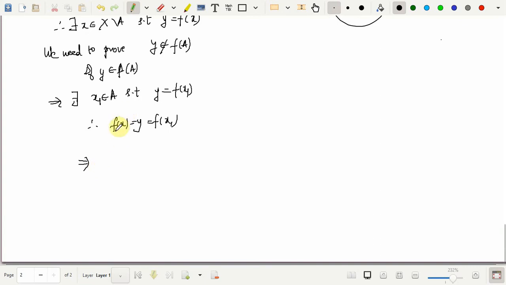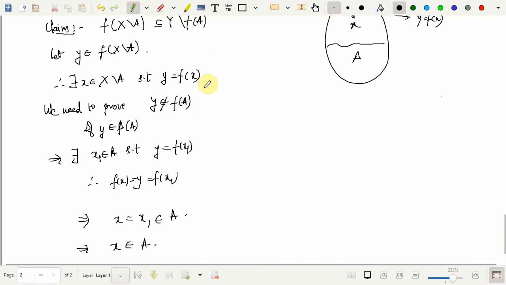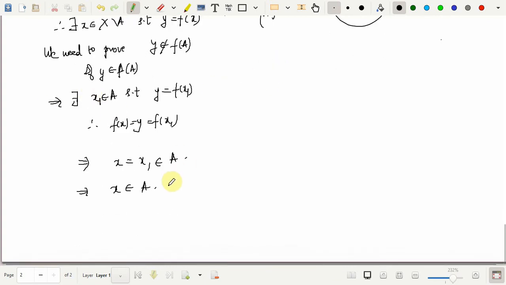So you have f of x equal to f of x1, so this would imply that x is equal to x1, and because x1 belongs to A, this immediately says that x belongs to A. That contradicts what we have assumed. You are saying that x is in X difference A, so x is not a point from A, and that's a contradiction to the start.